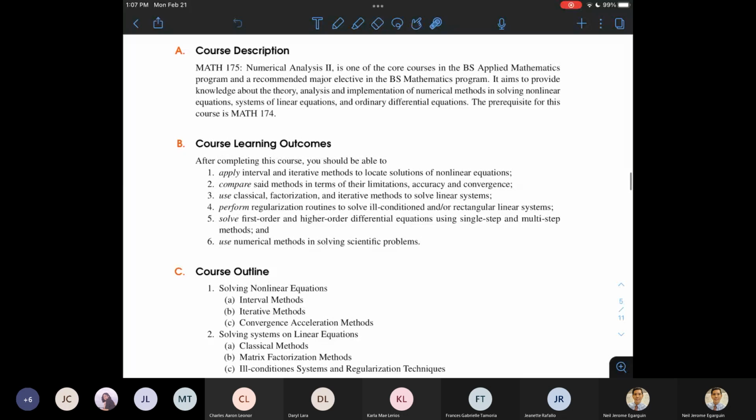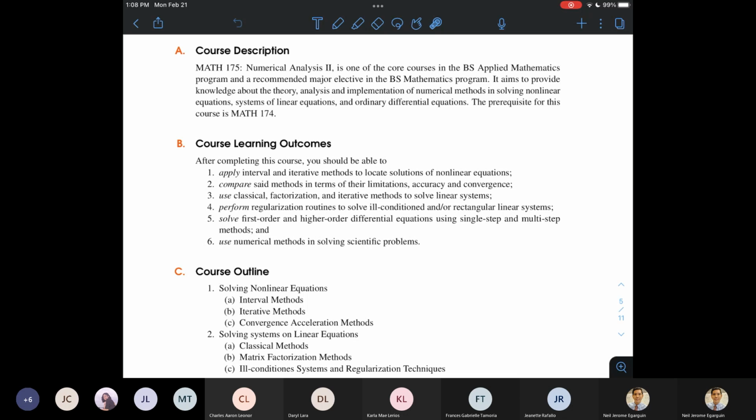Okay, now let's go through the course information. So this course is about the theory and analysis as well as the implementation of numerical methods, basically in solving equations. So yung Math 174, it is all about approximating data, okay, modeling data using polynomials, approximating their derivatives and integrals, or even if we only have a discrete set of points.